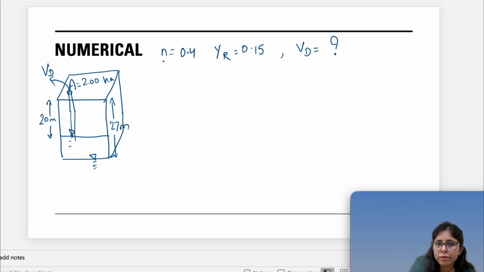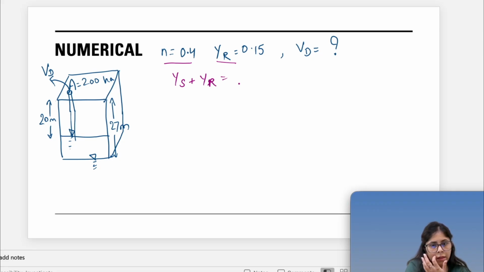You have been given n and you have been given Yr. We just studied a relation which says Ys plus Yr is nothing but n. Let's say it's for fully saturated, so S is equal to 1.